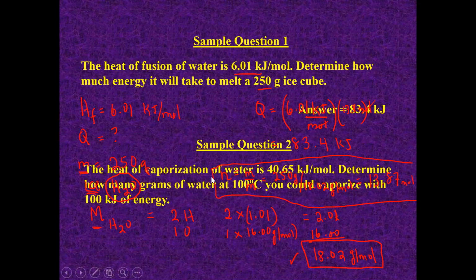The heat of evaporation of water is 40.65 kilojoules per mole. Determine how many grams of water at 100 degrees Celsius you could evaporate with 100 kilojoules of energy. Okay, so go ahead and do that now. The answer is 44.3 grams. So see if you can arrive at that answer.